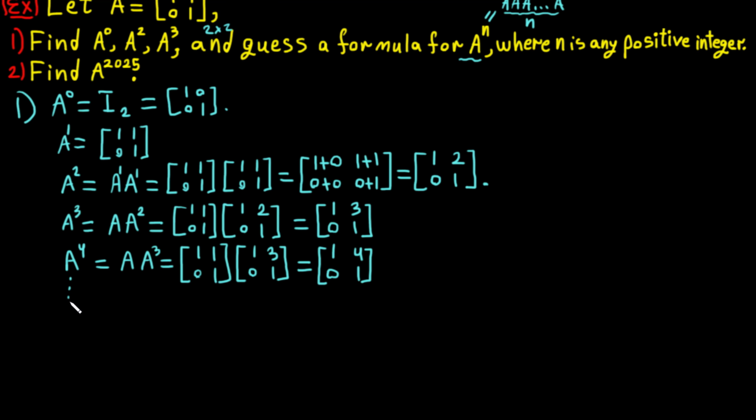So we found this as A power n, it's gonna be equal to like this 1, and since here 4 and here 4, 3 here 3, 2 here 2, and the same thing here 1, it's equal to 1, 0, and here 0. So we can find A power n here.